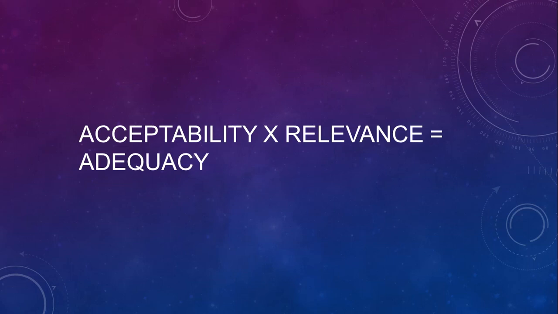Or if they're 50% acceptable but 100% relevant, 50% adequate. Something like that. The numbers are entirely made up. There's no reason why you would ever assign actual numbers to these. But this is nonetheless the conceptual structure of how acceptability, relevance, and adequacy are related. Adequacy is just the product of how acceptable these premises are and how relevant they are to the conclusion.